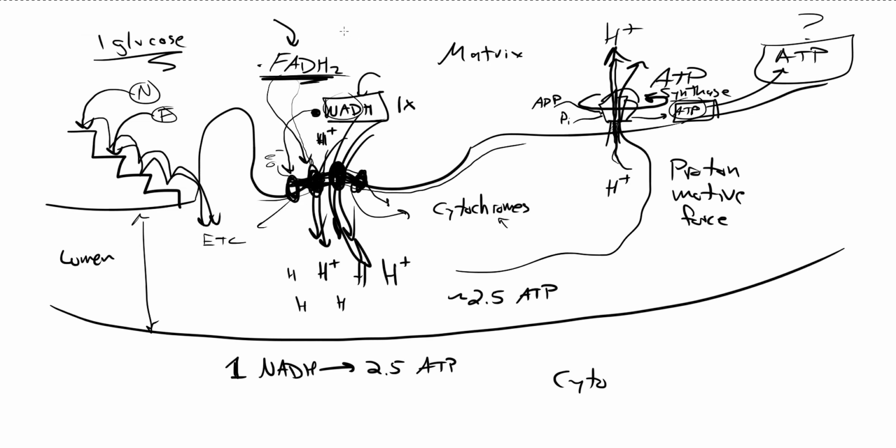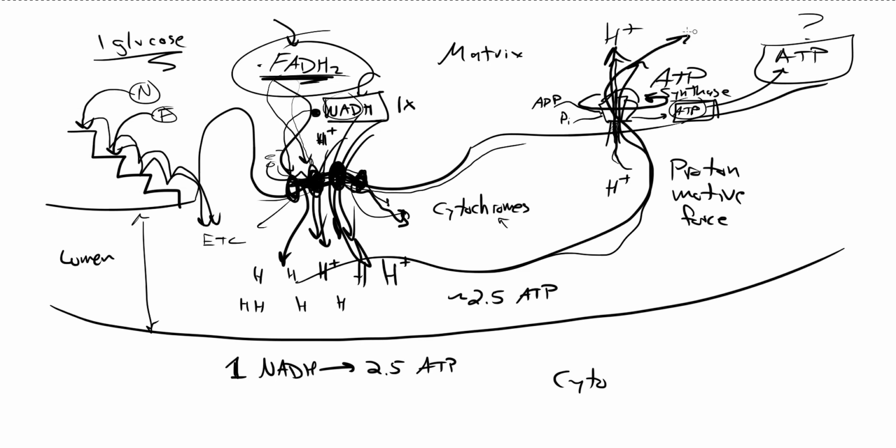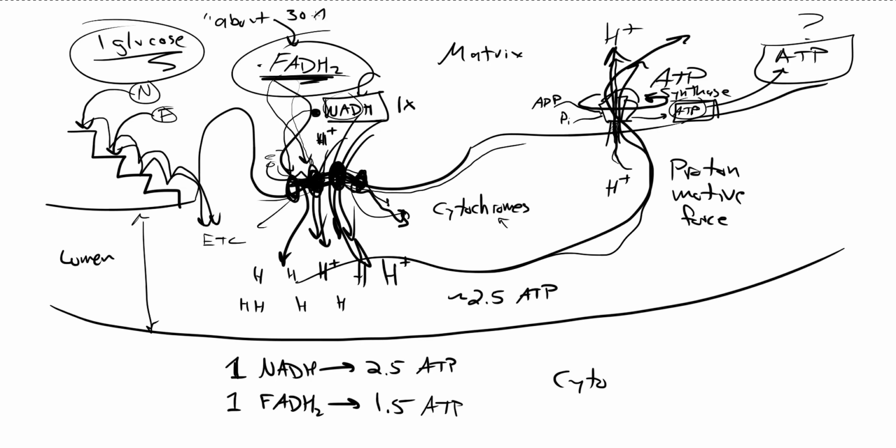So the conversion factor for one FADH2 is enough energy pumped across to form about 1.5 ATP. When you do all the math here, for a single glucose molecule, you get about 30 ATPs.